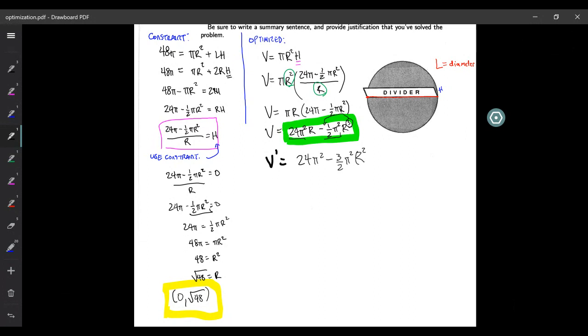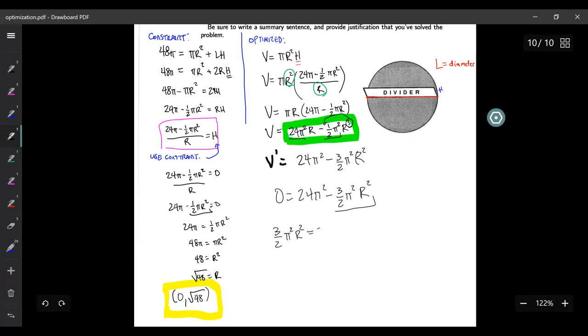Now we're going to set this equal to 0. Let's move this over. 3/2 pi squared r squared equals 24 pi squared. First off, notice that both sides have this pi squared, so I'm going to divide that out.